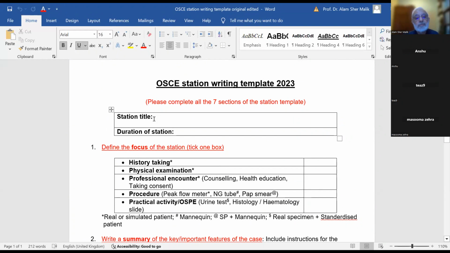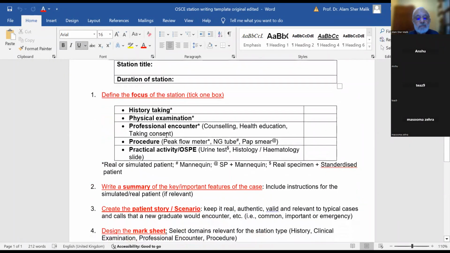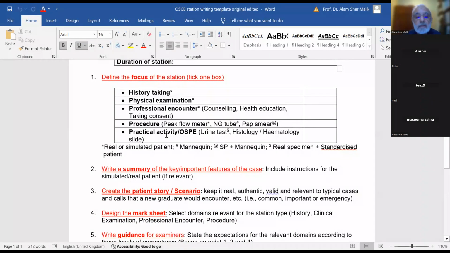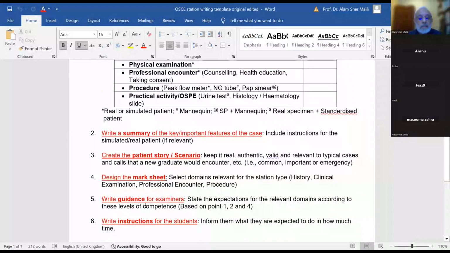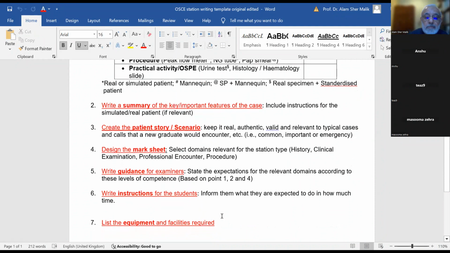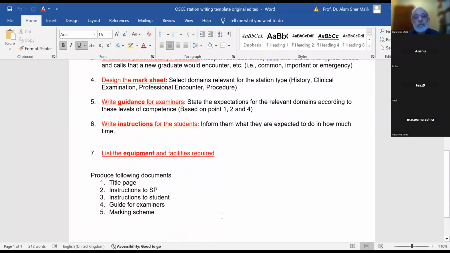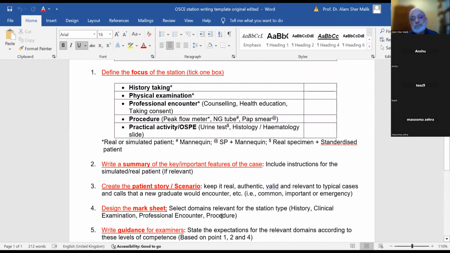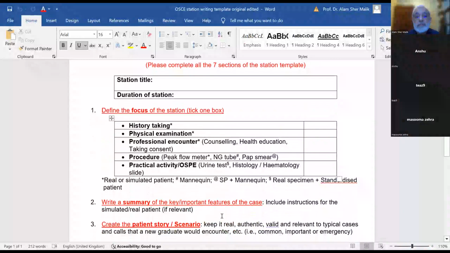This title would help us to bank the questions accordingly. Then what is the focus, and then we have to write a summary of the scenario, and then the mark sheet and the guidance for the examiner, the instruction for the students, and the equipment required for that particular station. So this becomes a very useful document, as each OSCE station is constructed based on this template, and it helps in that.